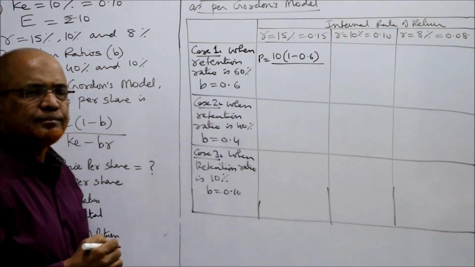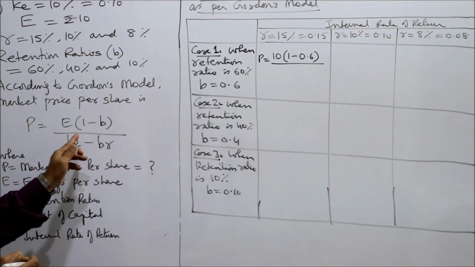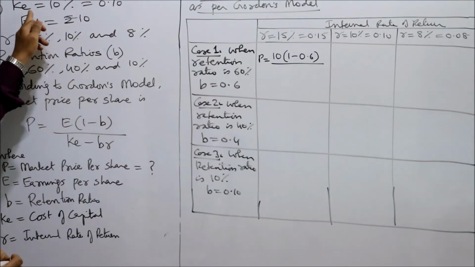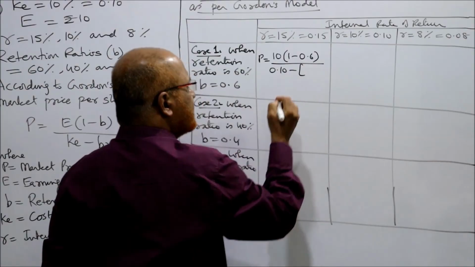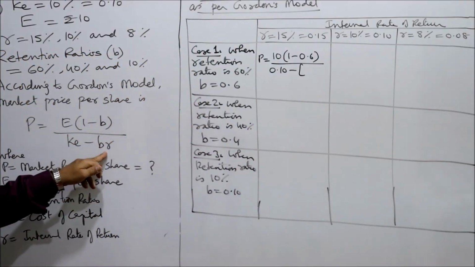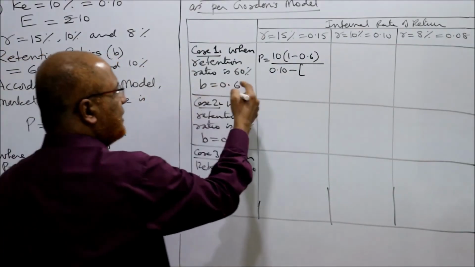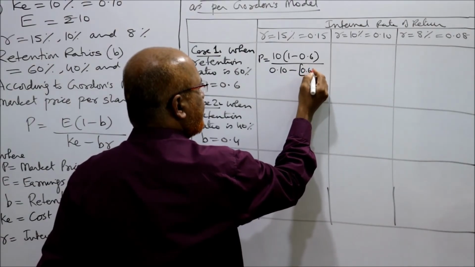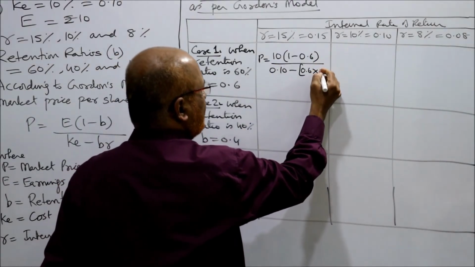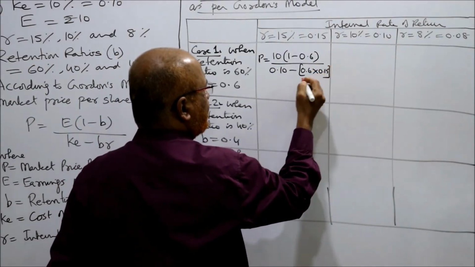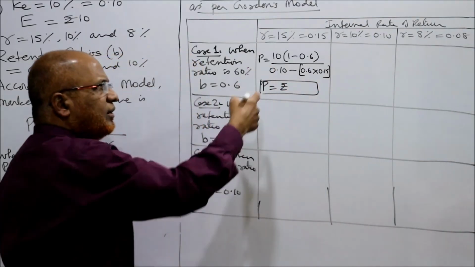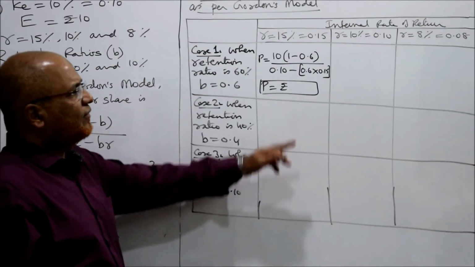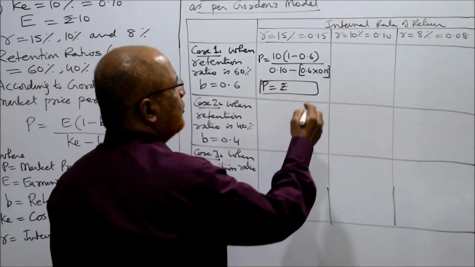Divided by KE minus BR. KE is 0.1, minus B into R, B is 0.6, into R is 0.15. Now if you solve this, you will get the market value.